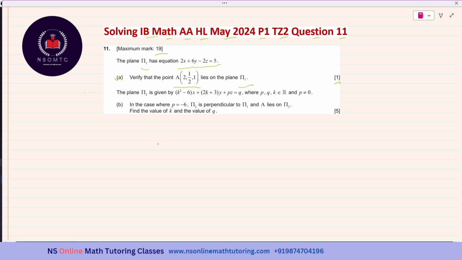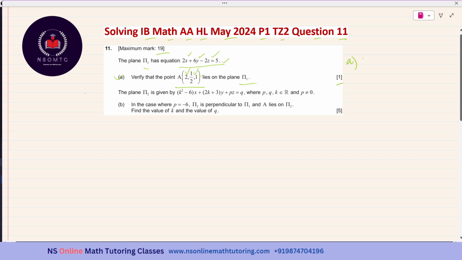So plain and simple, we have to substitute 2 in place of x, half in place of y, and 1 in place of z. And we have to show that the left hand side's value, that is 2 times 2 plus 6 times half minus 2 times 1, is equal to 5.